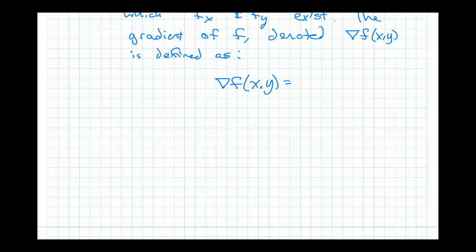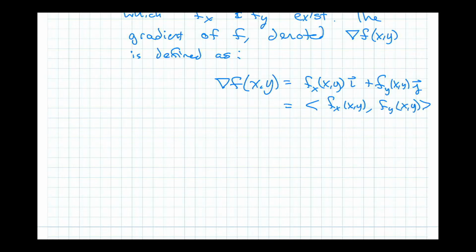So it's a vector, first of all. It is f subscript x, so partial of f with respect to x, i plus fy j. Or, if you write it in the triangular brackets notation, then you're just looking at fx, comma, fy.